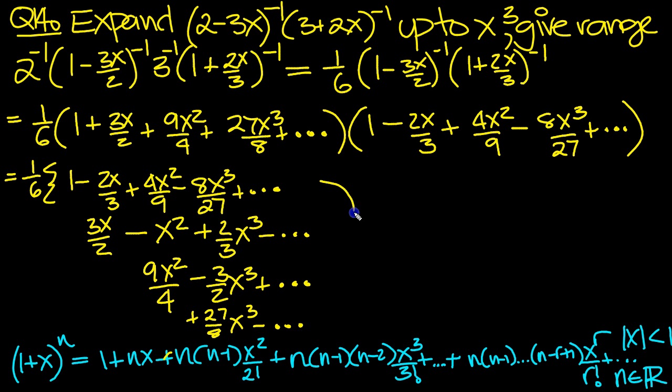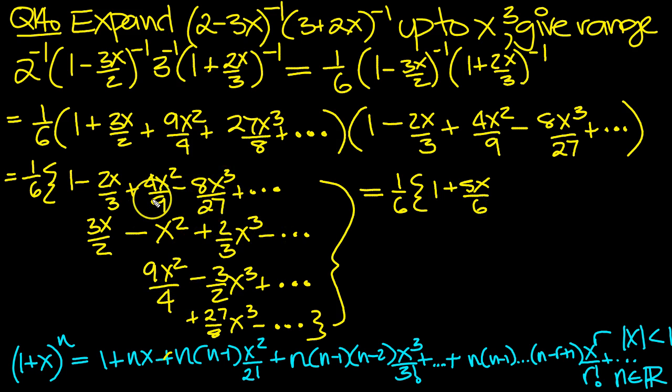There's our series then. So what have we got here? We've got 1/6 of, we've got 1, then we've got 2/3 plus 3 over 2, sixths we need, so that's 9/6 take away 4/6, which is 5/6. 5x over 6. You can tap it in the calculator if you need to. Now we've got ninths here and quarters, so that's awkward.